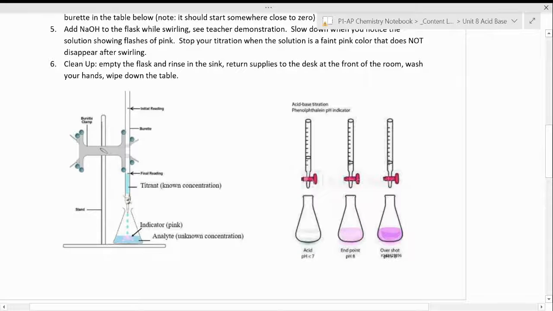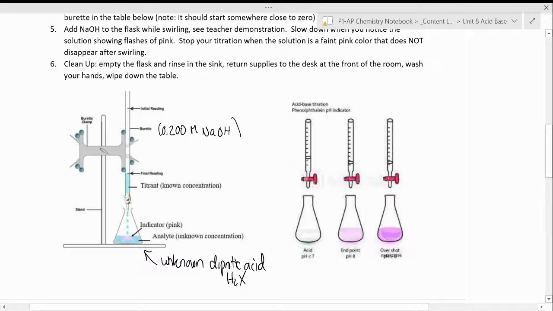So here's what our setup looks like. Here's our titration setup. The burette in our lab contains 0.2 molar sodium hydroxide. The Erlenmeyer flask down at the bottom contains the unknown diprotic acid. We don't know what it is exactly, so we're just going to call it H2X for our unknown.